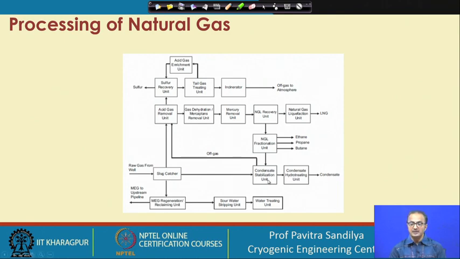We carry out many processes, like we stabilize the condensate, we remove the acid gases like carbon dioxide and H2S, then we may remove sulfur depending on the sulfur content of the natural gas, then there may be mercury in it, and other treatments are done to get rid of the various impurities. Ultimately we take it for the production of LNG through liquefaction of the natural gas.